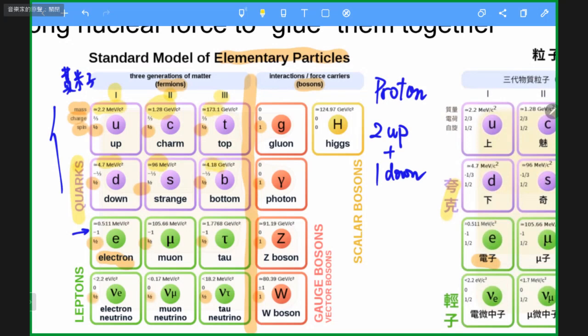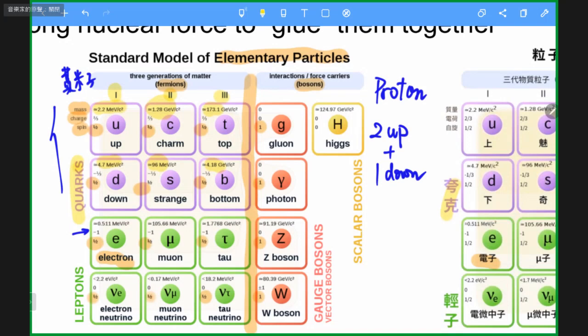You may ask whether we can find an even larger fourth generation, but up till now we cannot find it, because we need something called a particle accelerator or particle collision device to do that.